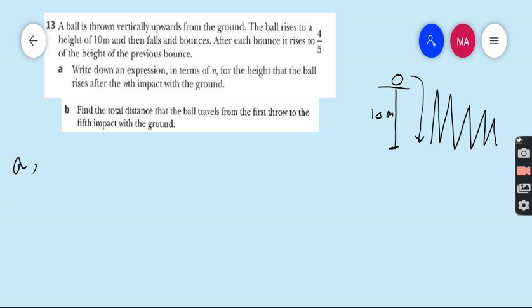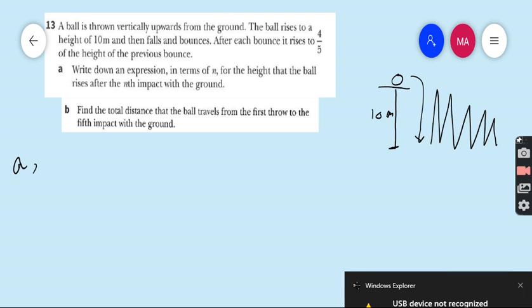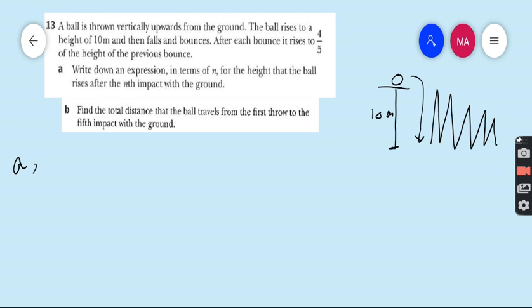So students, at first the height was 10.